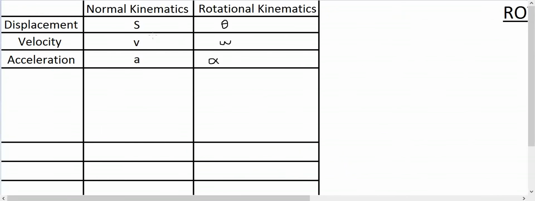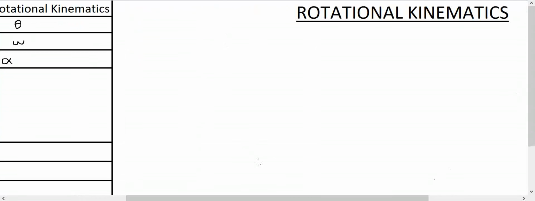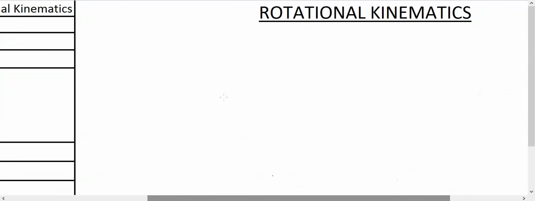Okay, so I've added these things here, and in fact, let's recall the four kinematics equations. V equals U plus AT. V squared equals U squared plus 2AS.